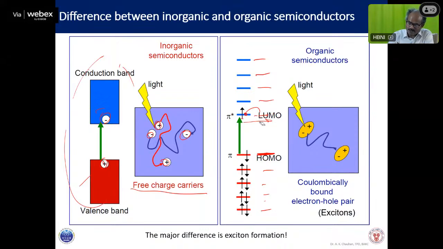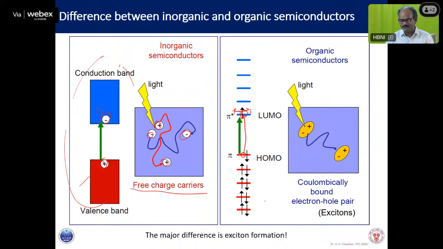However, in this case, we will never call them separated unless they are physically separated. If an electron is excited from this state to this state, it will not move out of this particular location, and only this much width it can move here and there, but it will remain here only.